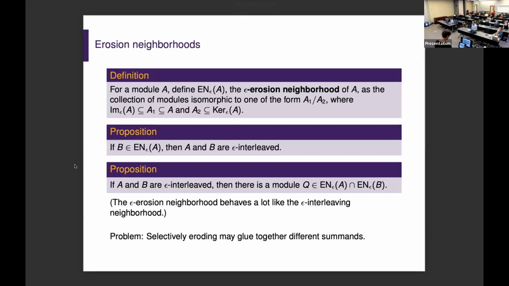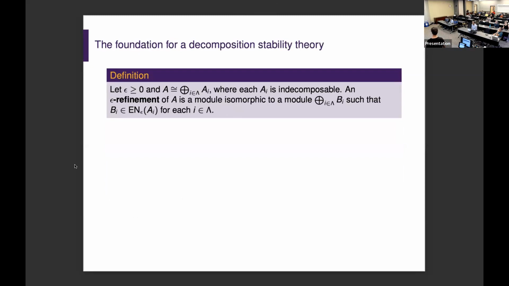And that leads us to the final answer for the definition that we're looking for, which is an epsilon refinement. And this is essentially just a selective epsilon erosion where we have to respect the direct sum. So here we take A, we write it as this direct sum of indecomposables, and then we can selectively erode each indecomposable, but not the whole module.